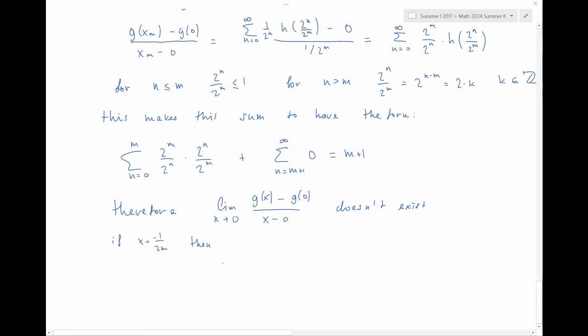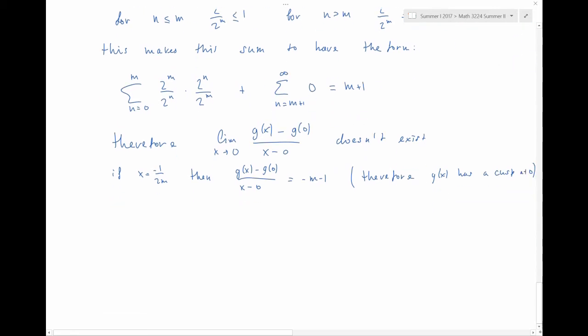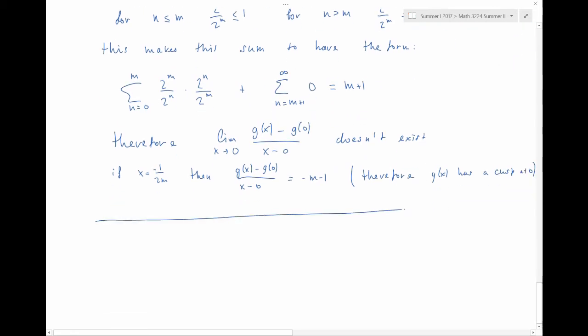So I'm going to quickly write it this way. I'm not going to bore you with details, but you can show that the point 1 is also going to be a cusp. Also, g prime 1/2 doesn't exist.